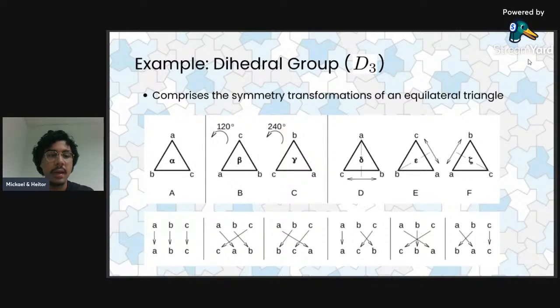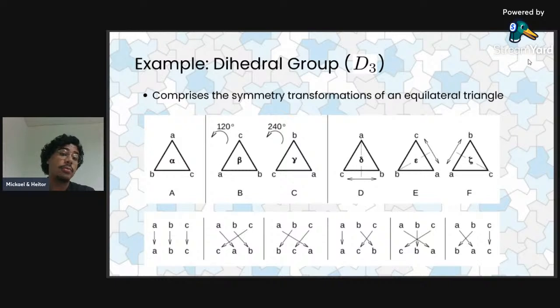When I perform these 6 operations, the triangle is the same as when I started. The initial orientation is alpha, and the first operation is just the identity, the neutral element: I do nothing with the triangle, and the vertices A, B, and C stay in the same place. The symmetry is so preserved.